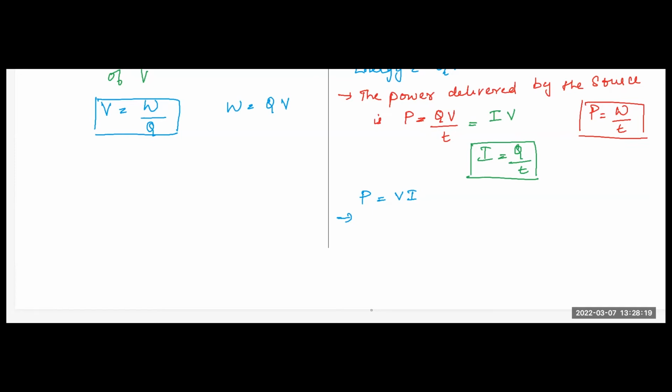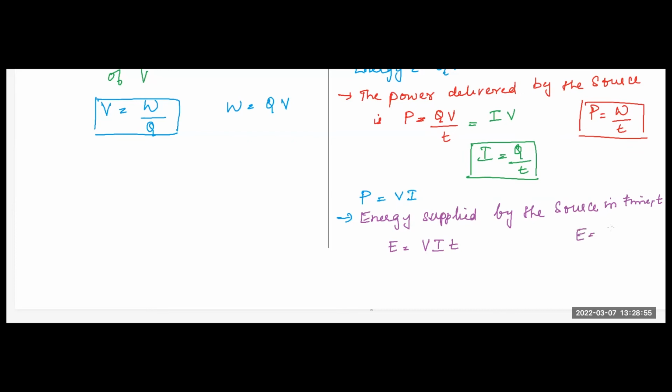Since we have the power, we know energy is equal to power into time. So the energy supplied by the source in time t is equal to V into I into t.